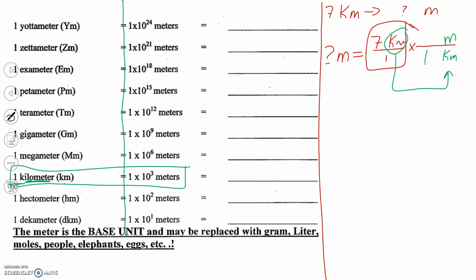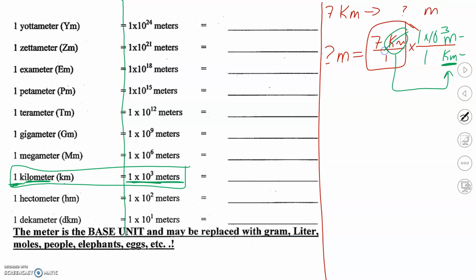And in fact, whichever one of these two, whether it's the top or the bottom, whichever one has the prefix with it, so right there, km has the prefix, that'll always get the 1. If you notice on our metrics charts, that's how we've set this up. So then all you need to do is just look across at meters. So we have 1 times 10 to the 3rd.